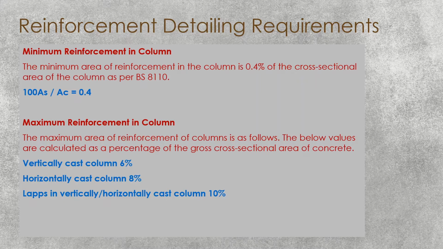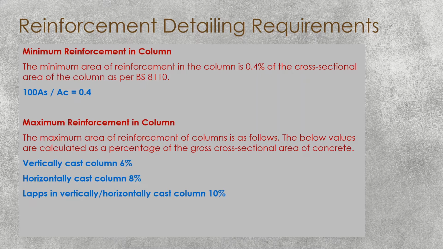Reinforcement detail requirements. According to BS 8110, we have to provide minimum reinforcement area: 100 As over Ac equals 0.4. That is, As means the reinforcement area, and Ac is the cross-sectional area of the column. That should be 0.4.